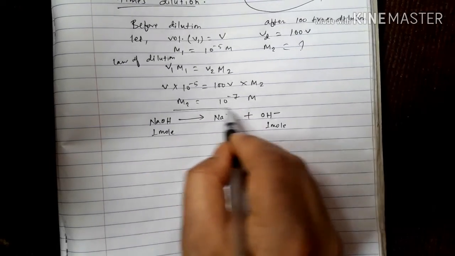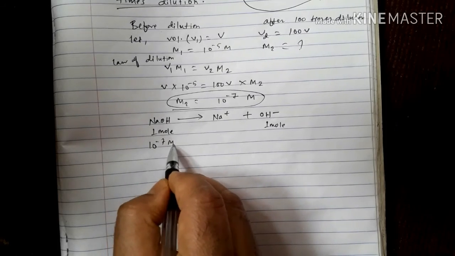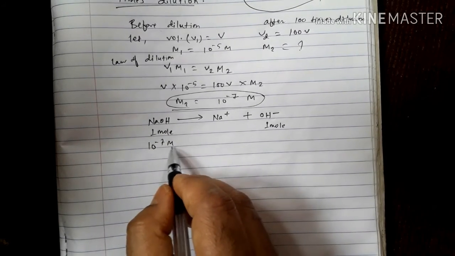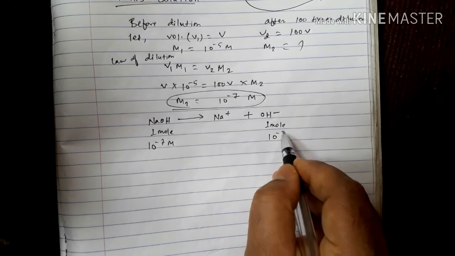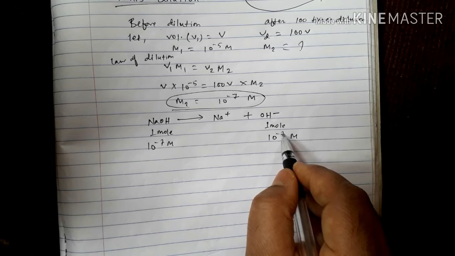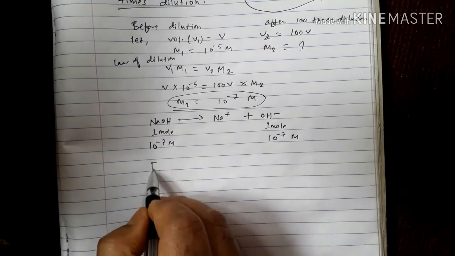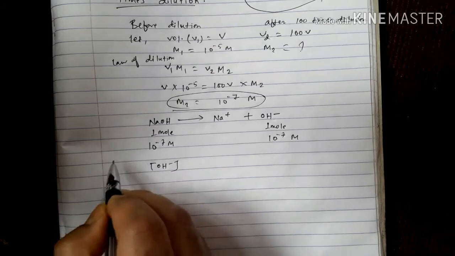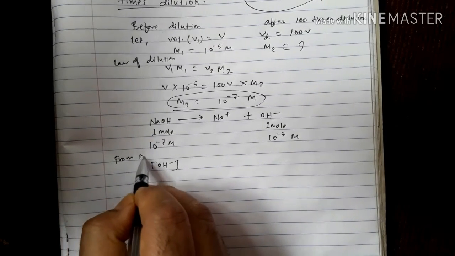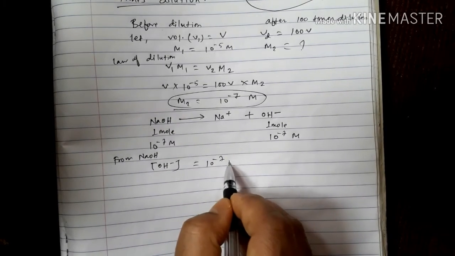Here the concentration of NaOH after dilution is 10 to the power minus 7 moles per liter. Molarity means the hydroxide ion concentration will also be 10 to the minus 7 moles per liter, because it ionizes completely. The concentration of OH minus ion from NaOH is 10 to the minus 7 moles per liter.